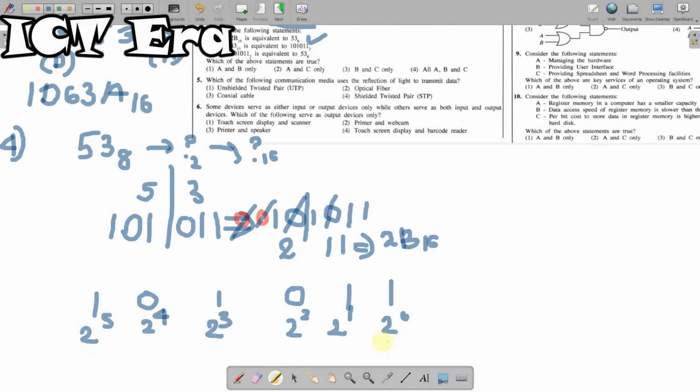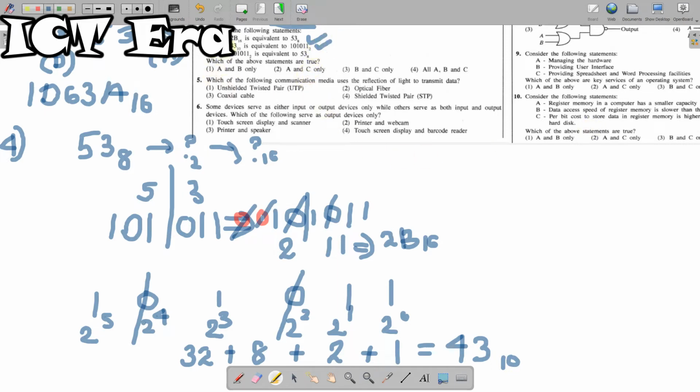We can cut these zeros as 0 does not contain a value. So 2 to the power 0 means 1, plus 2 to the power 1, 2, then 2 to the power 3, 8, then 2 to the power 5, 32. Then 8 plus 2 is 10, 10 plus 32 is 42, plus 1 is 43 base 10. Is the statement correct? Yes, it's correct.